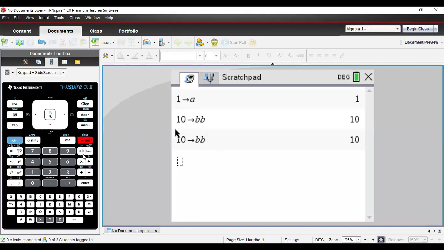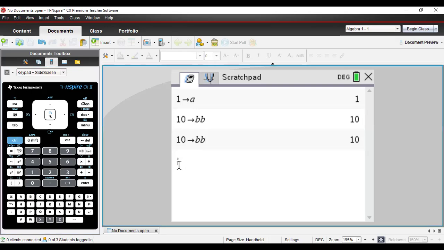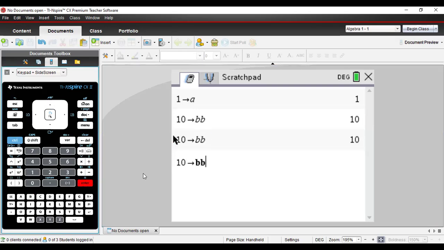That's not what I wanted to do. Let me do that again. It should be 10, and that is stored into B. Actually, I'm just going to copy this and delete one of those B's. All right, so now I've done that. And now I'm going to do a negative 30, and I'm going to store that into C.